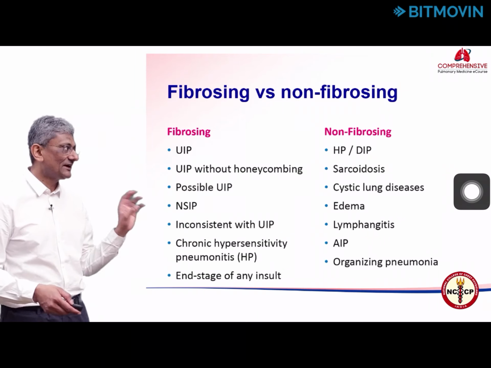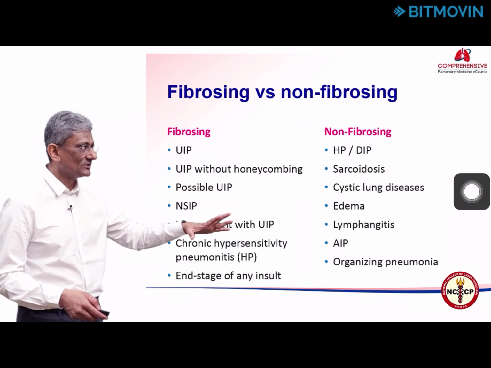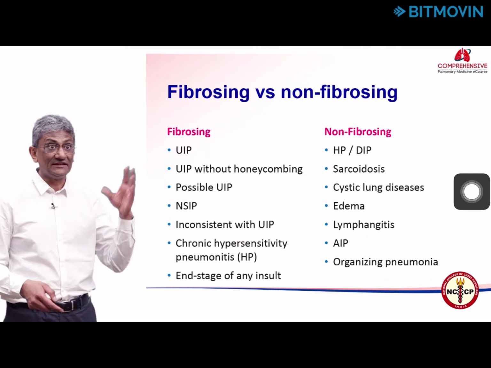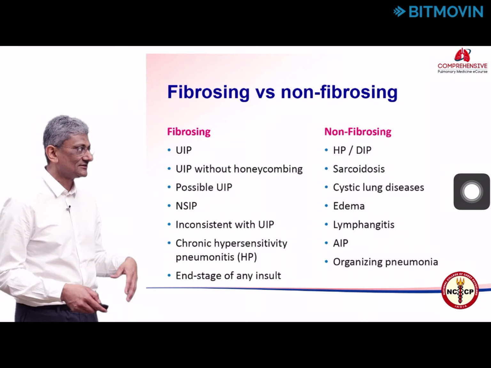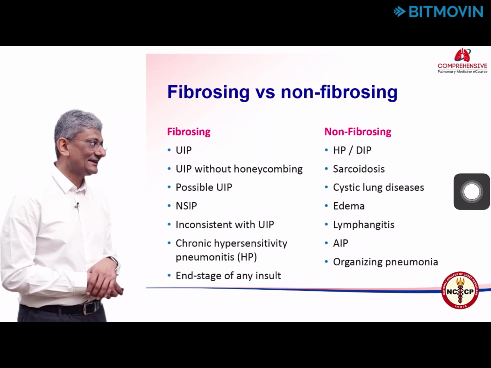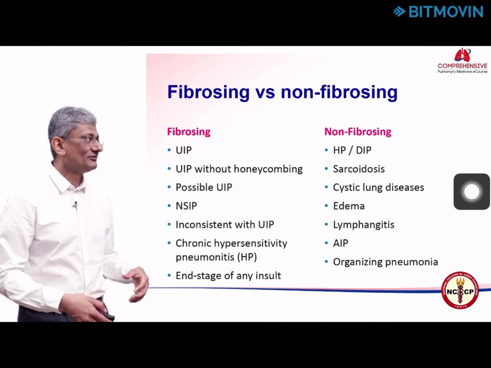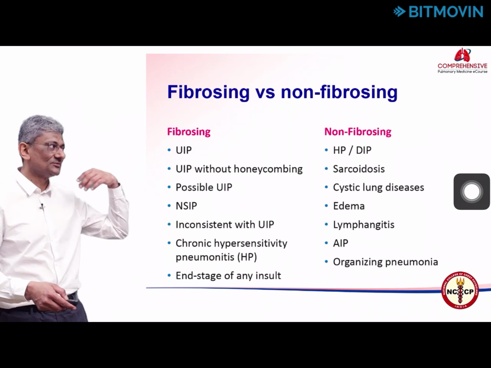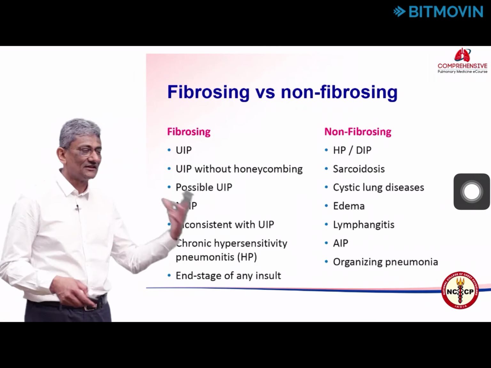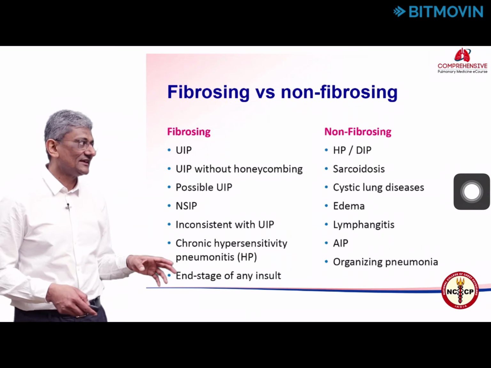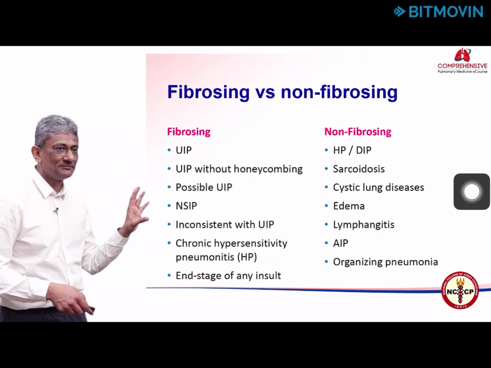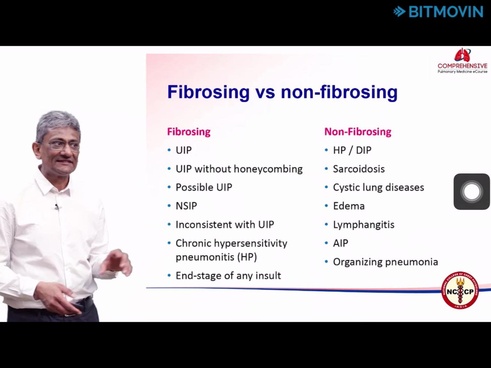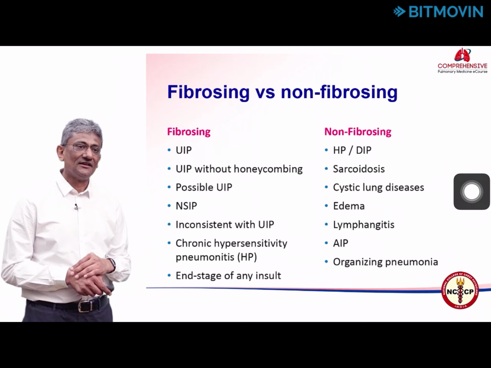We have the UIP pattern, which then includes the UIP without honeycombing and the possible UIP patterns, the NSIP pattern, the inconsistent with UIP pattern, chronic HP which goes hand in hand, and then the end stage of any insult. Everything else would be a non-fibrosing ILD. So, whether it's HP, DIP, sarcoid, cystic lung disease, edema, lymphangitis, AIP, organizing pneumonia, all of this basically become non-fibrosing ILDs. And today we will discuss all of these except cystic interstitial lung disease.